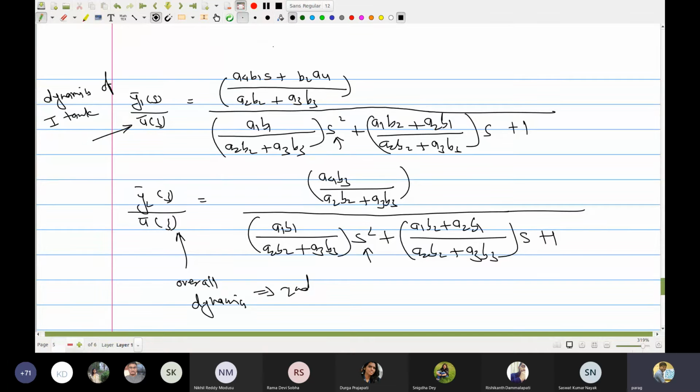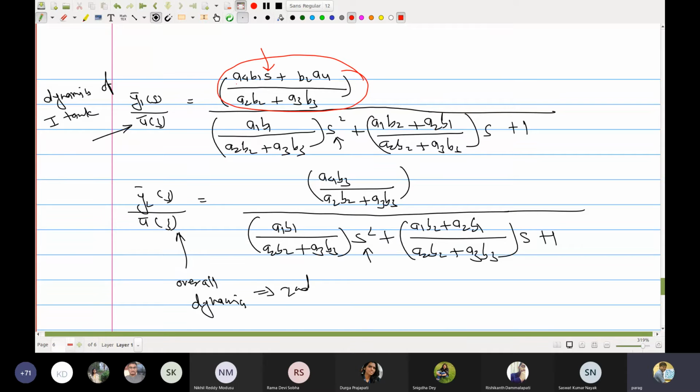And now, is it truly second order? That has to be seen here: you have an S here. The order of the denominator is 2, but the order of the numerator is 1.